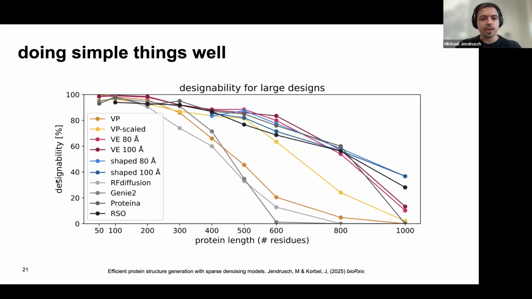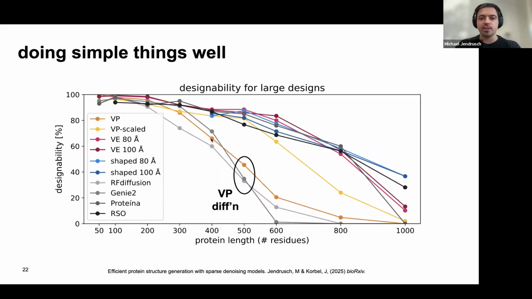All the gray and black models in here are previous methods, and the colored models are different variants of our Salad architecture that we continually improved to reach higher designability at larger and larger sizes. At first, we tried training Salad on the same data and with the same training approach as RF diffusion, and we found that despite being smaller and more efficient, it's not exactly worse than RF diffusion in terms of designability.